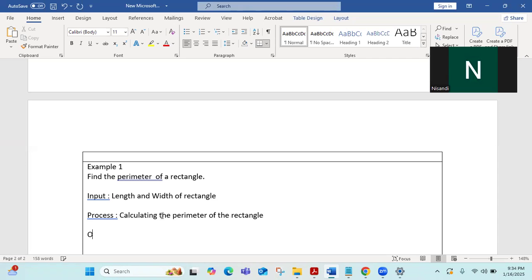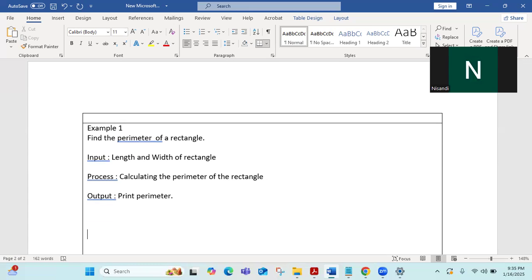Then the output is, you have to print the perimeter. Right.